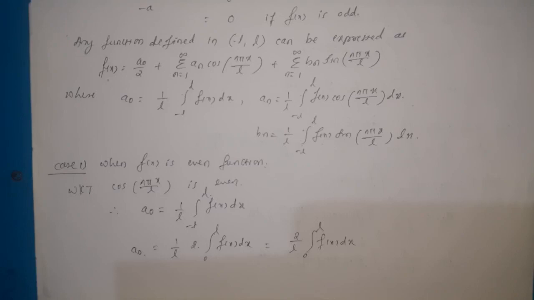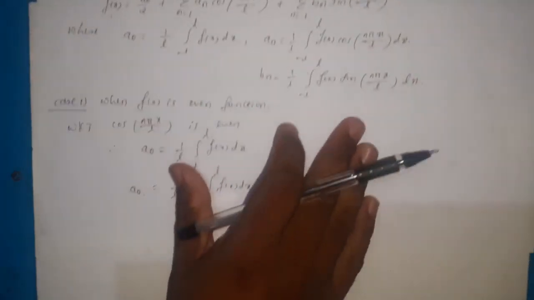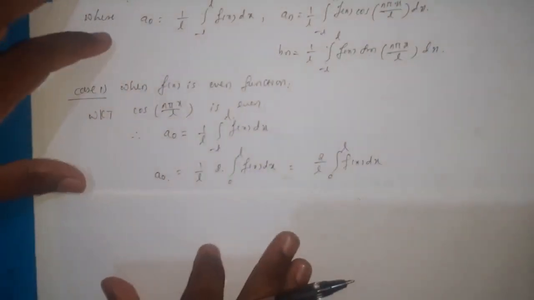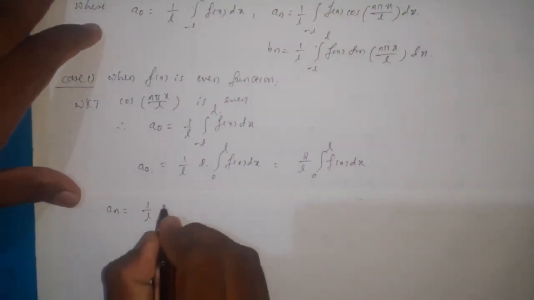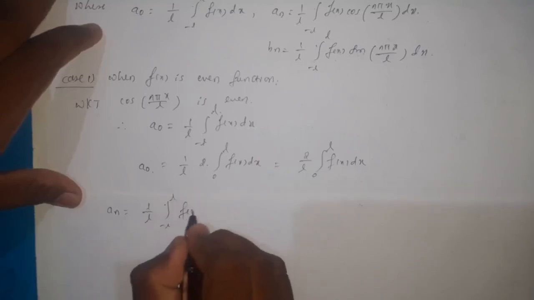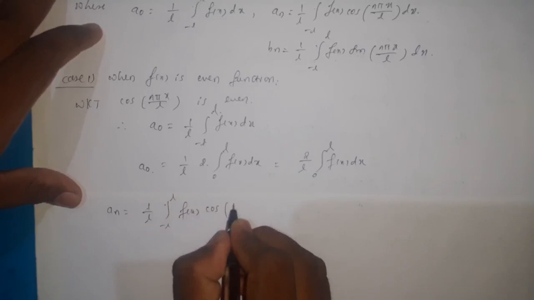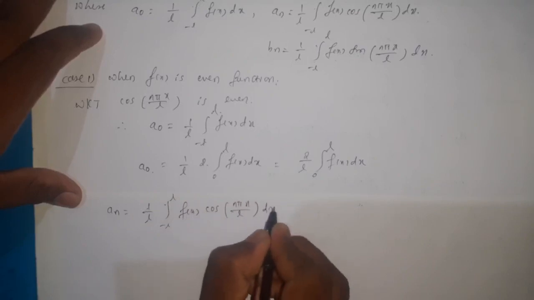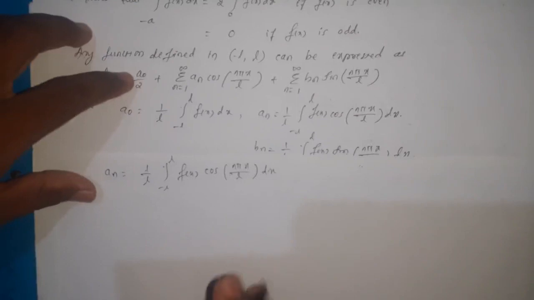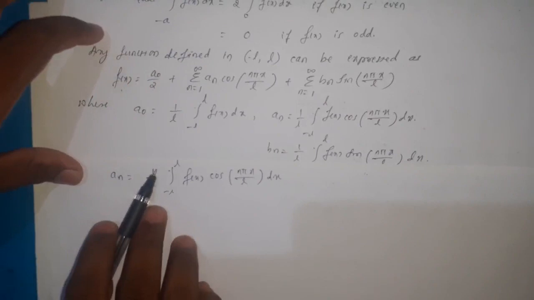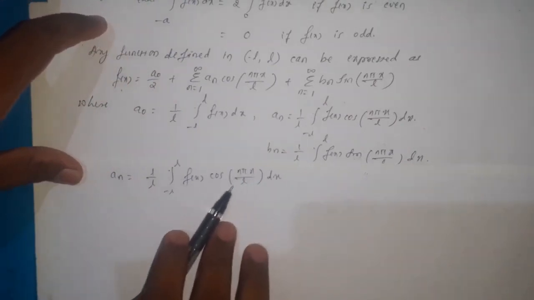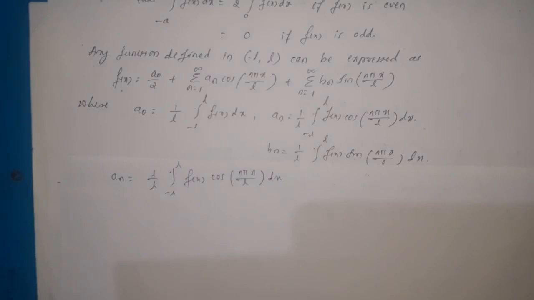And then a n. So here a n is given by 1 by L integral from minus L to L of f of x into cos n pi x divided by L dx, that is the formula here, a n. The same formula we have considered here, that a n equal to 1 by L integral minus L to L of f of x cos n pi x by L dx. So here it is given that f of x is even, and also cos n pi x by L is even.